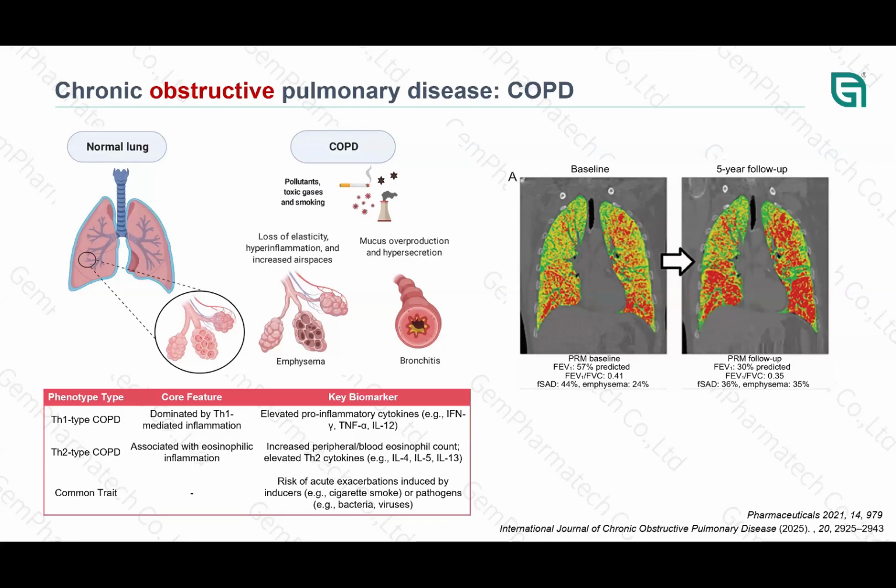COPD exhibits significant clinical heterogeneity in its inflammatory phenotypes. Some patients predominantly present with a TH1 type inflammatory response, while others have elevated eosinophil levels and manifest a TH2 type inflammatory profile.